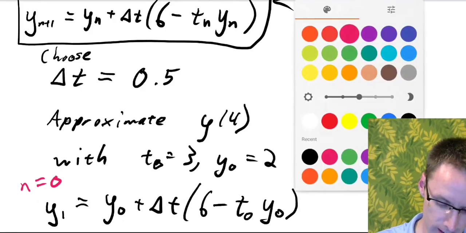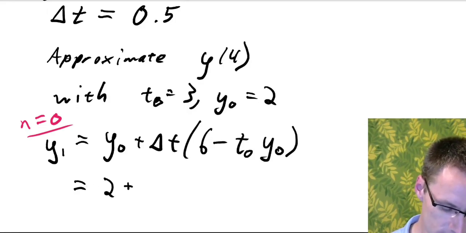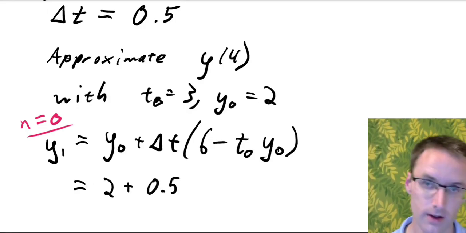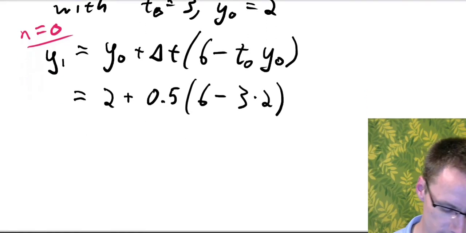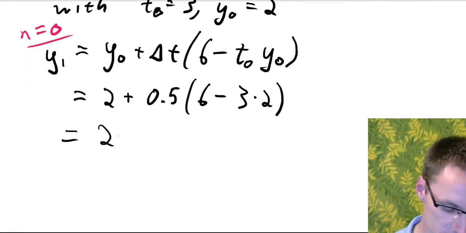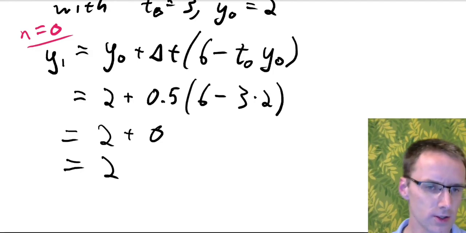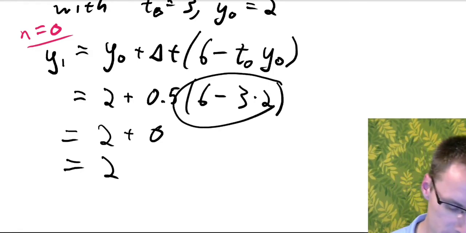So this is the n equals 0 case. If we now fill in our values, we have 2 plus 0.5, that's our delta t, and then 6 minus t0 is 3, times y0 which is 2. And so we get 6 minus 3 times 2, which is 0. So this just becomes 2 plus 0, or 2. Okay, so not very exciting. We started with 2 and we ended with 2, but that's just because this thing became 0.